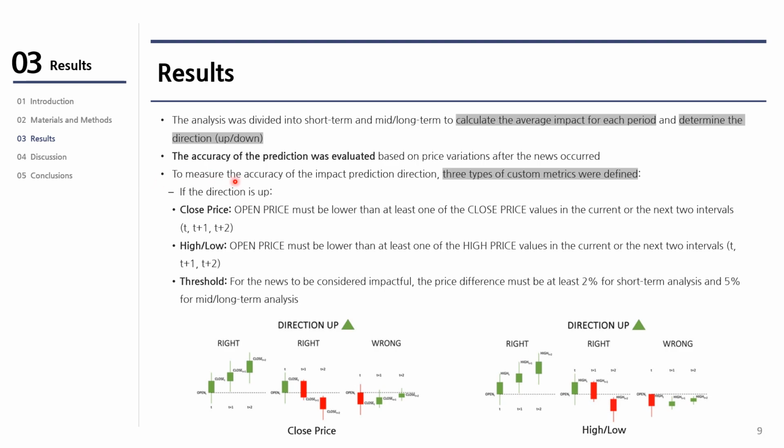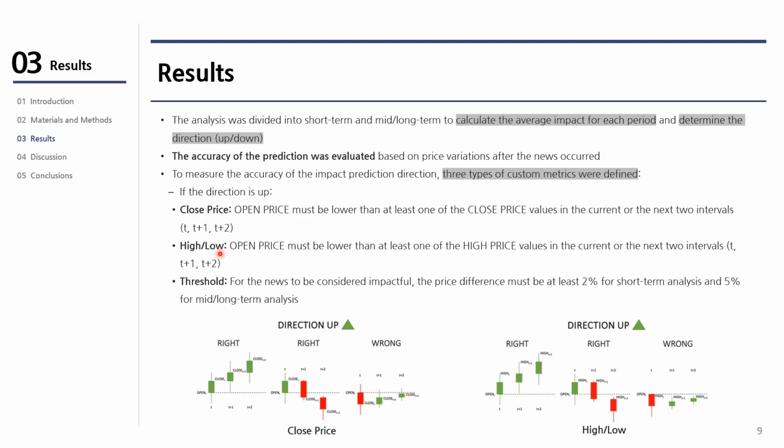To measure the accuracy of the impact prediction direction, 3 types of custom metrics were defined. If the direction is up, the open price must be lower than at least one of the close price values in the current or the next two intervals.